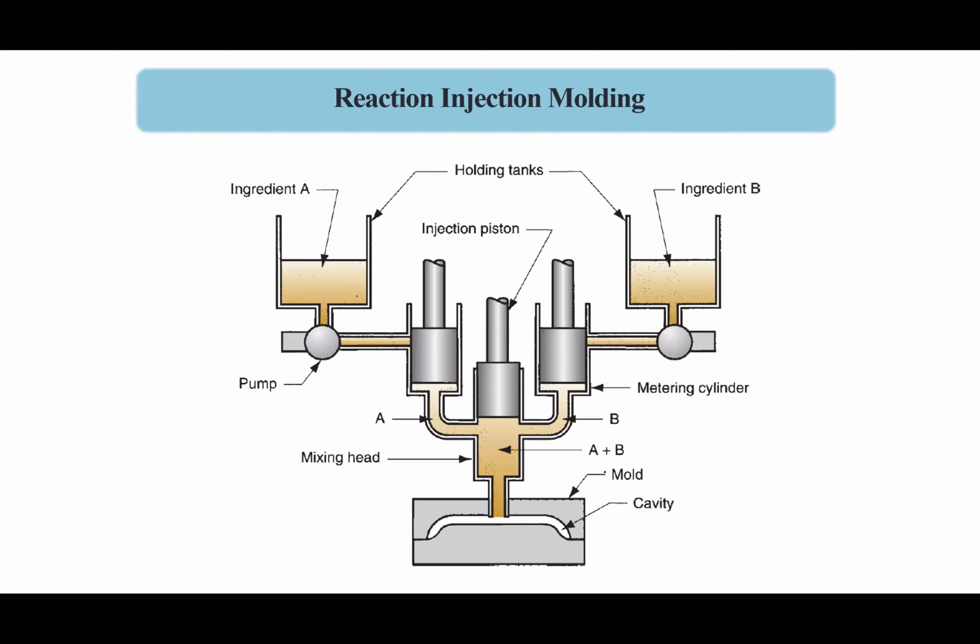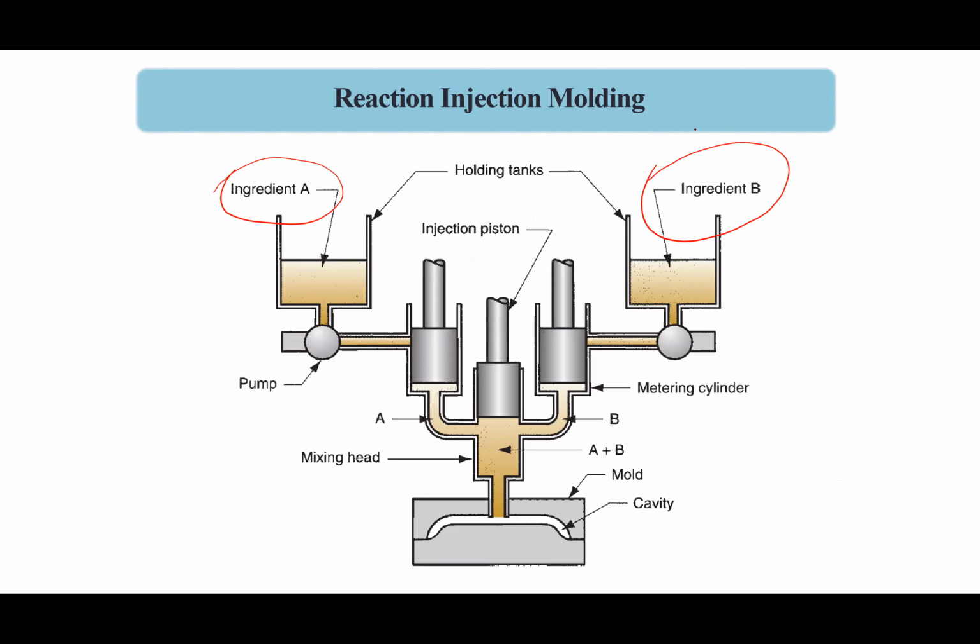Another one is the reaction injection molding. If you have to make a reaction for the setting of the material for producing the polymer, there are only two ingredients shown in here. It can be more than two.